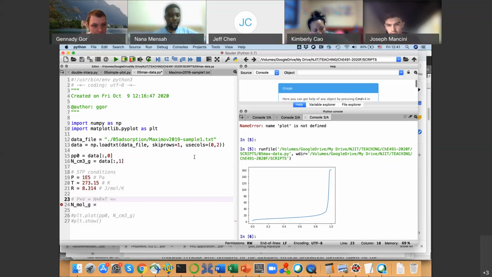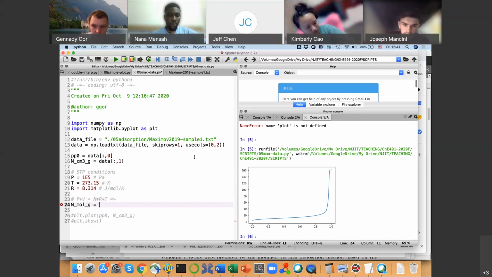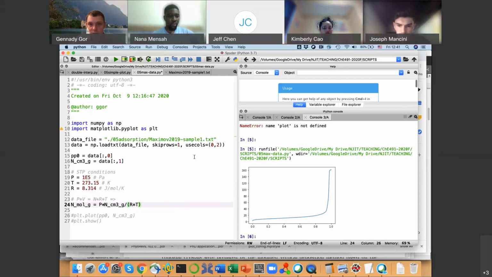So N in moles per gram would be P times N in centimeter cube per gram divided by R times T. Is that right? Would it give me the right thing? Would it give me the amount in moles?